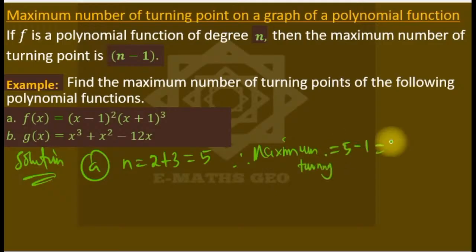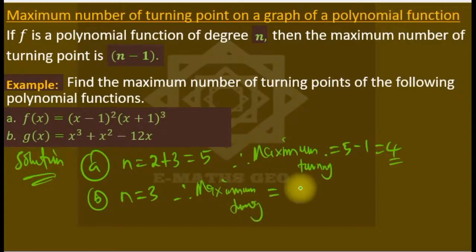So if you graph this, it will turn at most 4 times. Now the second one: n is 3, because the highest power is 3. Therefore, the maximum number of turning points will be 3 minus 1, which is 2. So if you graph this, it will turn at most 2 times.